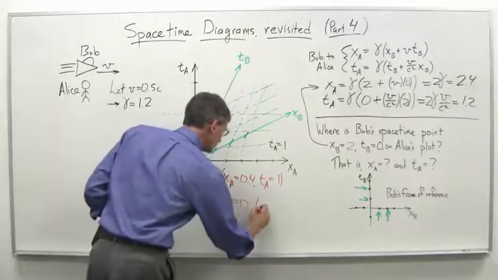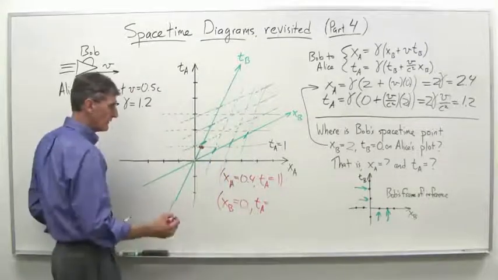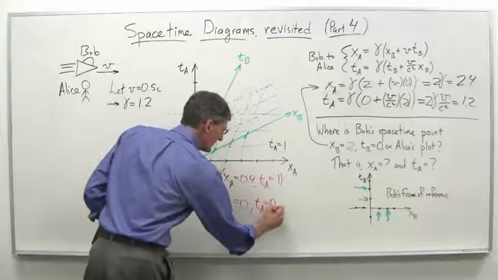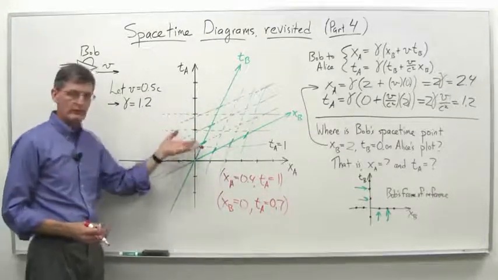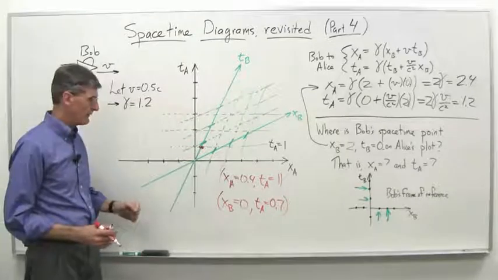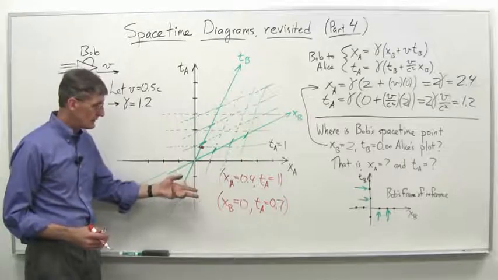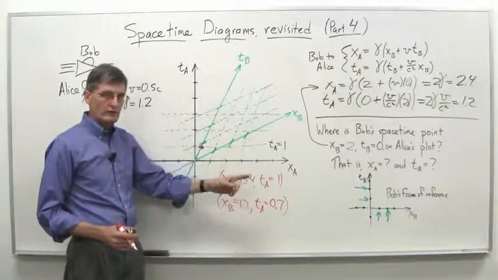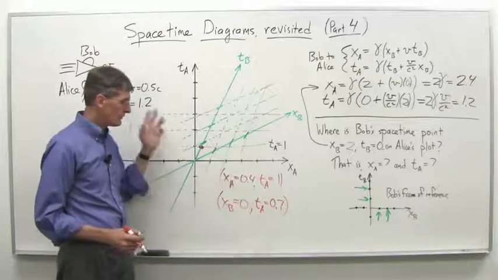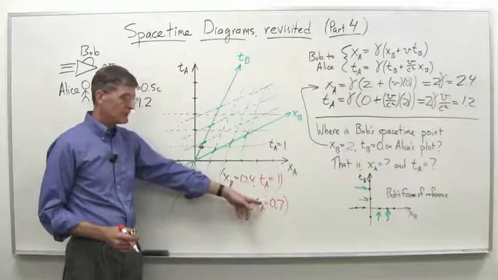So we'd say t sub b, just very roughly here, we're trying to get a rough idea, 0.7, 0.8, someplace in that vicinity, just trying to read it off our somewhat imprecise graph there. But it's precise enough to see that clearly when Alice measures that event at 1 year on her clock, here's synchronized clocks, Bob, his clock reads 0.7.